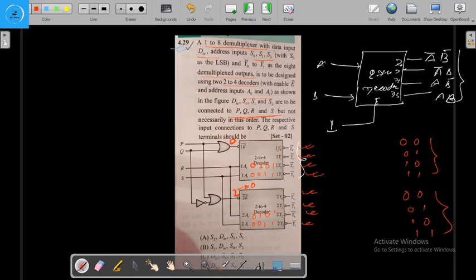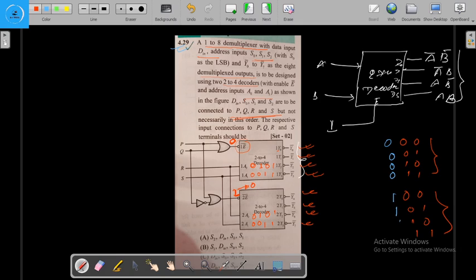So for the first decoder to work, we have to provide the enable as 0. So here we will provide the enable as 0, and at the same time this enable should be 1.